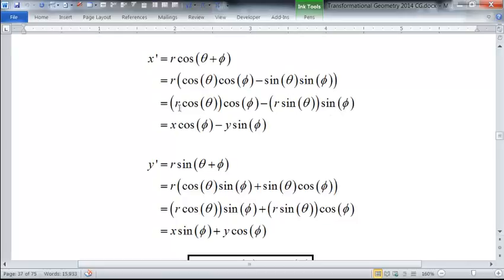Notice that I've used the distributive property there and some associativity. Now, the r cosine theta is our old x, and the r sine theta is our old y. So the new x prime is our old x times cosine of phi minus the old y times sine of phi.